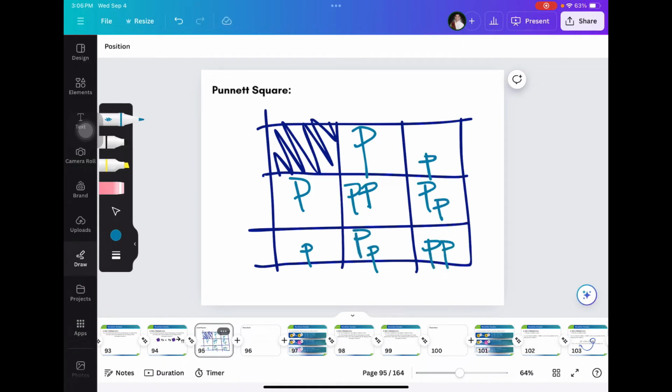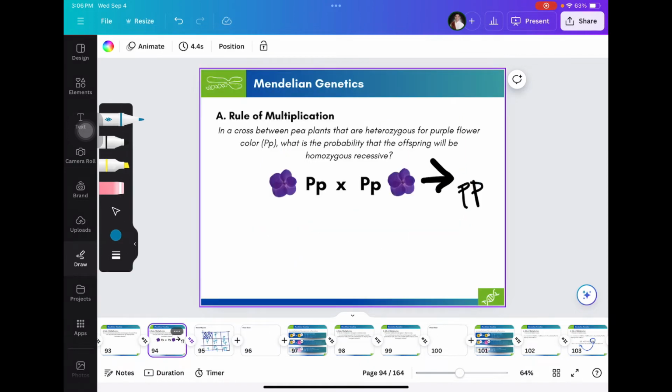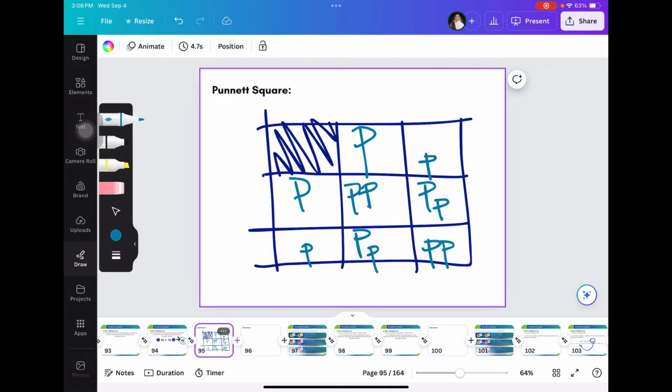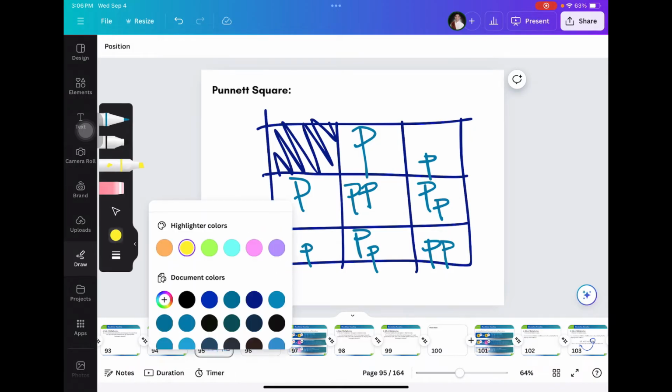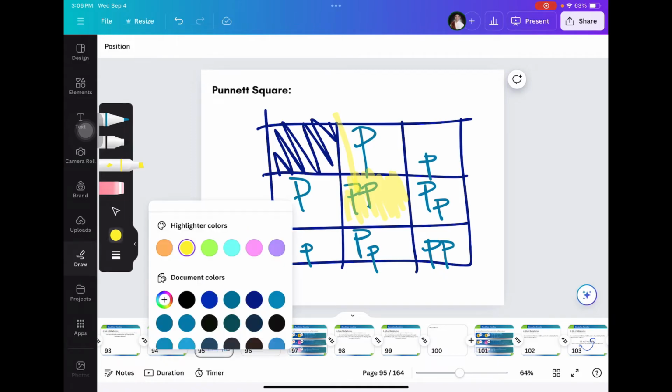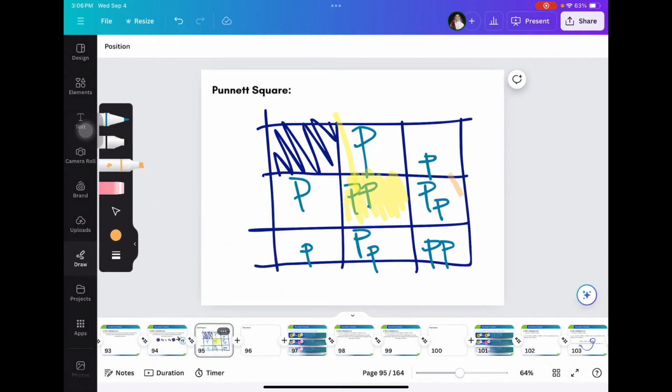Alright. The question here is we are only interested in the homozygous recessive. But if we're going to analyze our Punnett square here, to be honest, 25% of the offspring is homozygous dominant. On the other hand, 50% could be heterozygous.